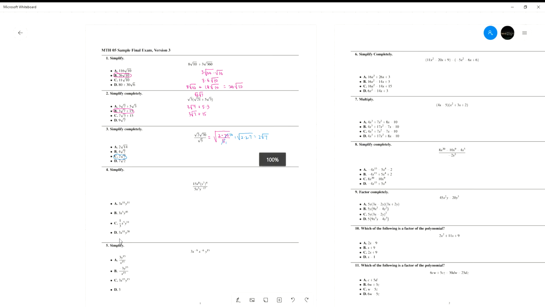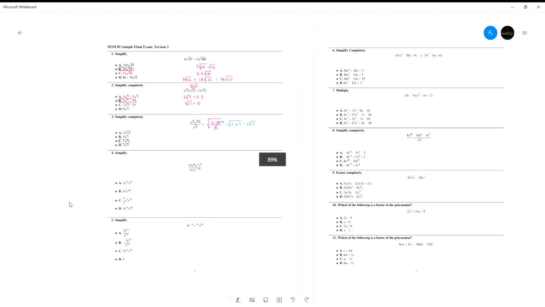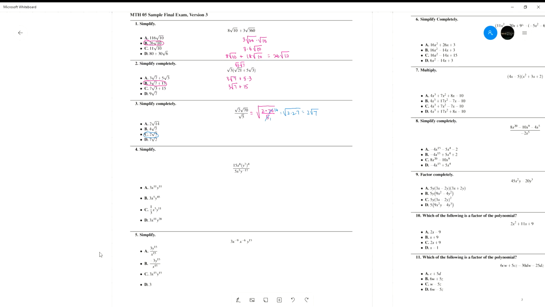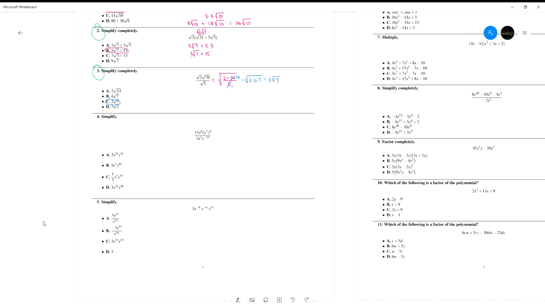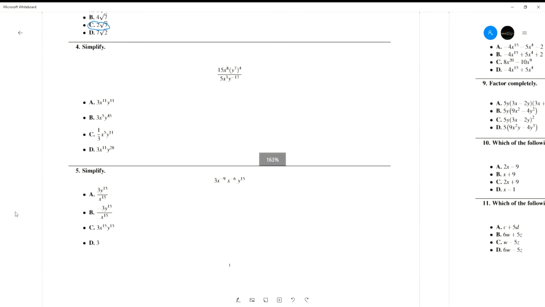From the first page, the ones you can do by calculator, I'm going to circle with green. So that's number 1, number 2, number 3. So number 4 and 5 you're going to have to do by hand. So let's do those and then I'll move on to the next page.